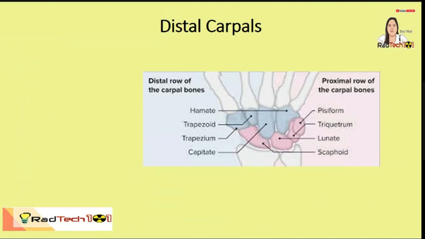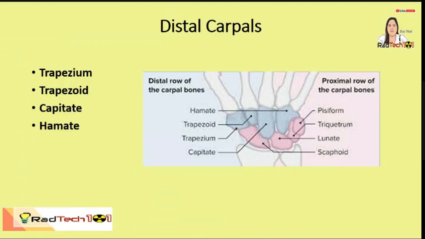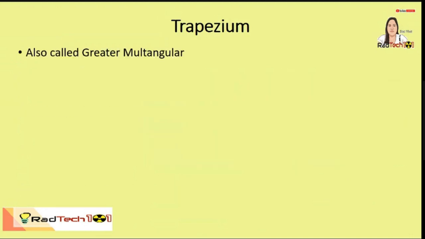Then, we will talk about the distal carpal bones, which include the trapezium, trapezoid, the capitate, and the hamate. So, other term for trapezium is greater multangular. It lies on the radial or thumb side of the wrist. So, sa radius din, katulad ng scaphoid.